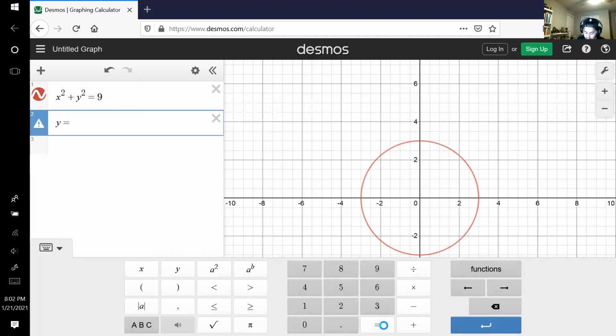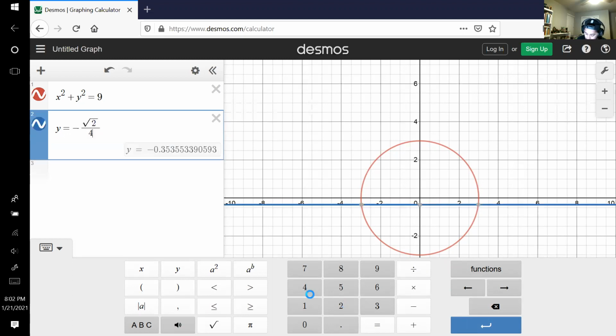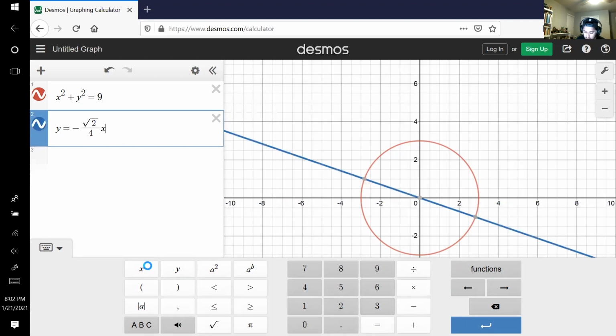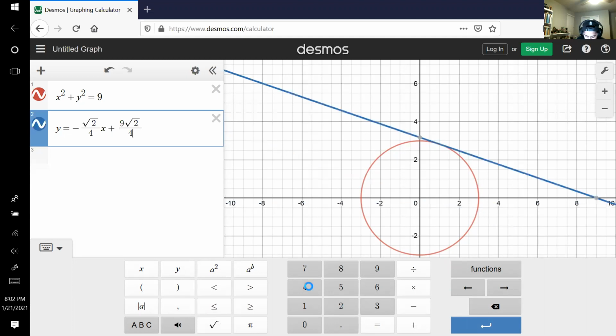Y equals negative square root of 2 over 4 x, plus, I'll keep it simple, 9 square root of 2 over 4.